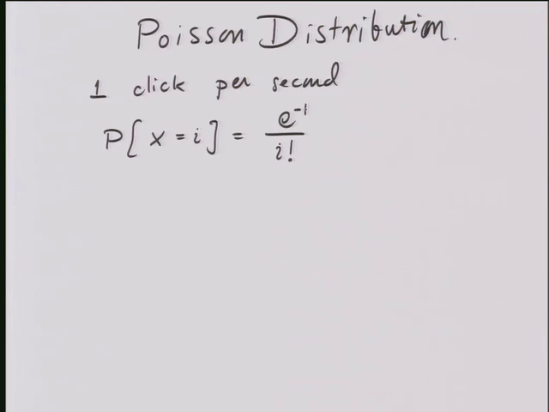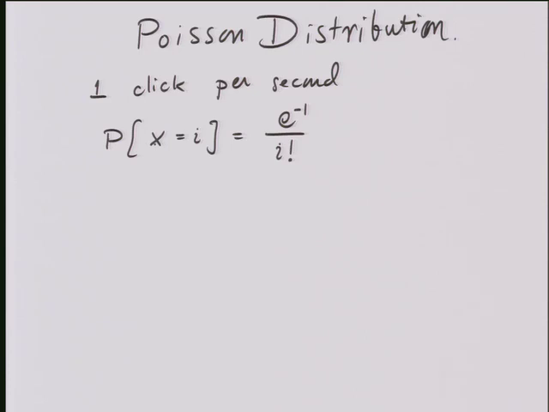It's the number whose natural log is 1. It's also the sum of the series 1 over i factorial, i going from 0 to infinity. So if the probability that X equals i is proportional to 1 over i factorial, then this is the right answer.